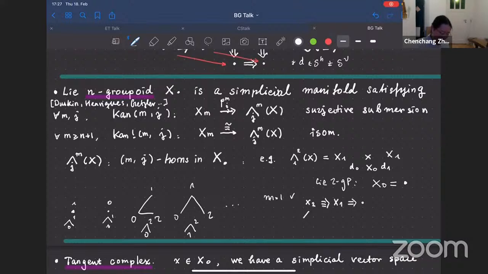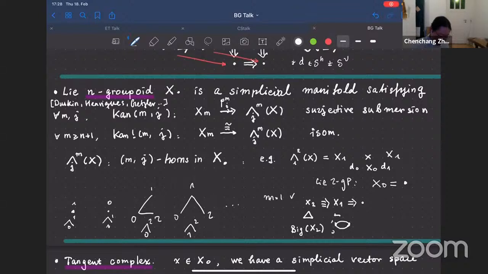Here is my space of triangles, and here is my space of one-simplices. Then I take the bigon in x2, things like degenerate triangles.